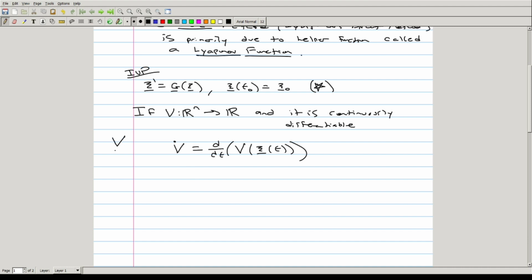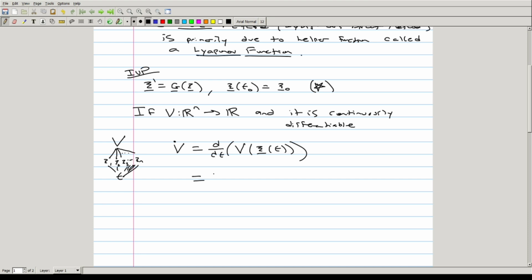Well, the multivariable chain rule says that v depends on xi1, xi2, xi3, all the way up to and including xi n, and all of these, through the differential equation, depend on t.